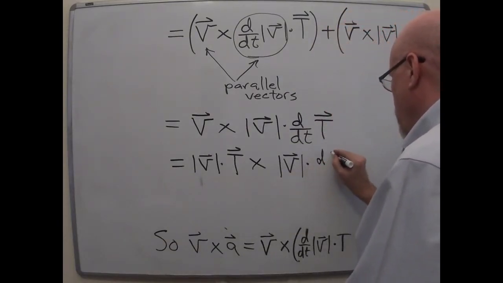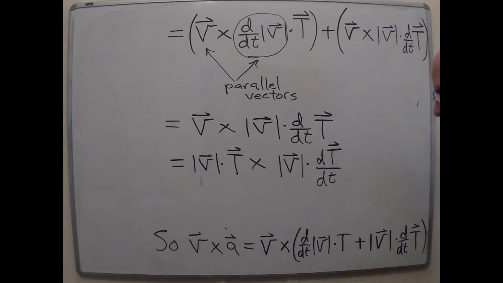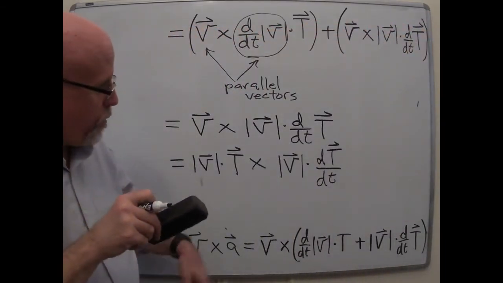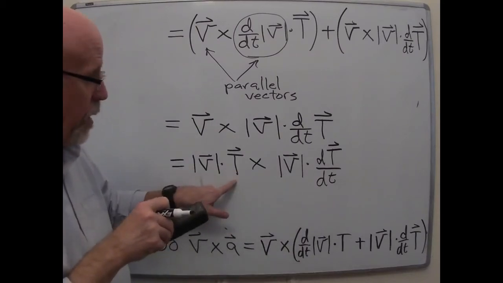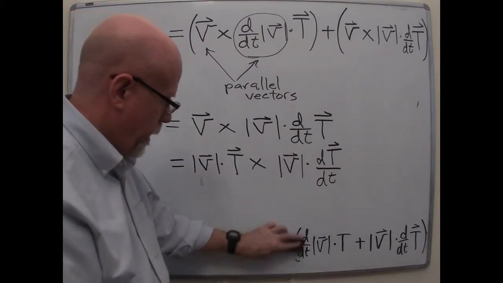Let's actually write it as Leibniz would, dt over dt. Well, what's up with that? Those vectors, this one and this one, are perpendicular to each other. Why do I know that?